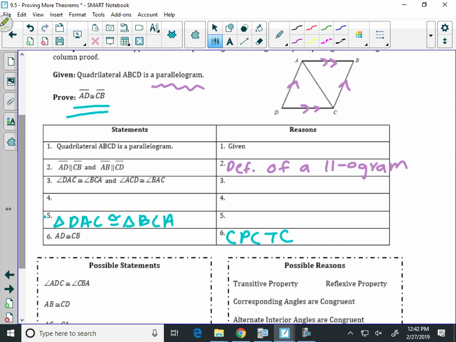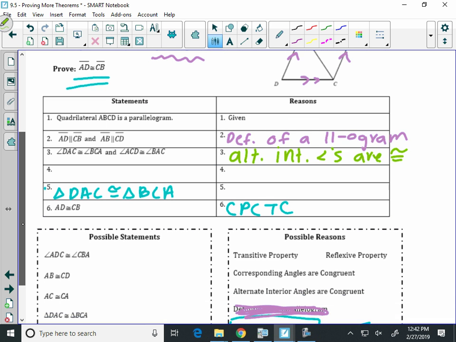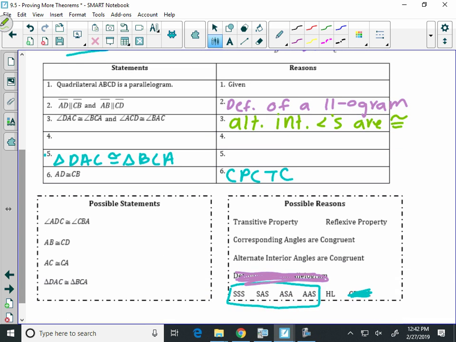I'm given parallel lines, so my reason has to be alternate interior angles are congruent. Another way of thinking about this, these are my only 2 reasons talking about congruent angles. So if you don't know what to put, you have a 50-50 shot.